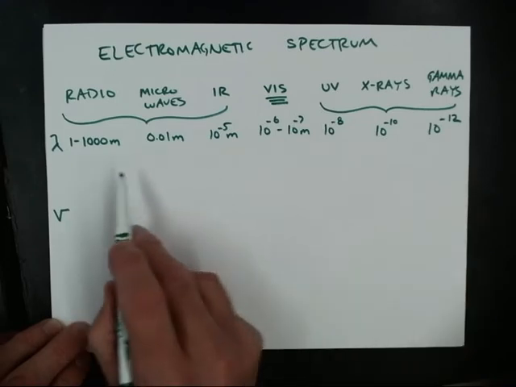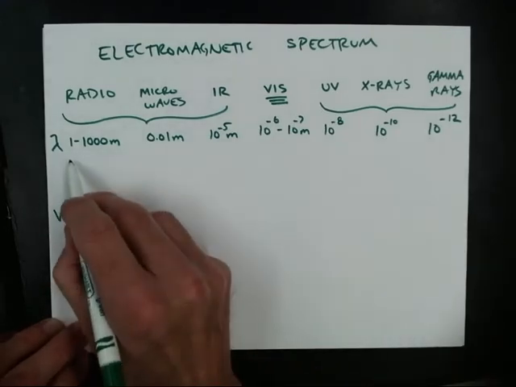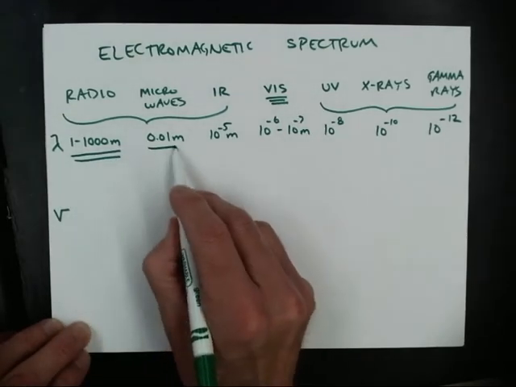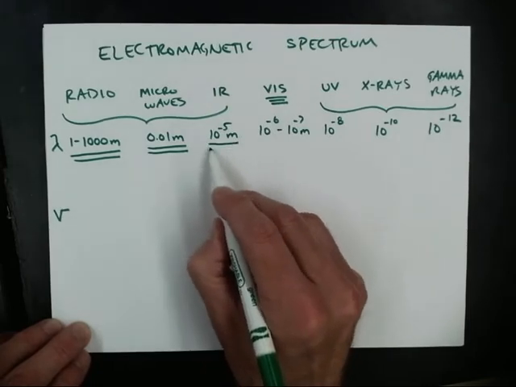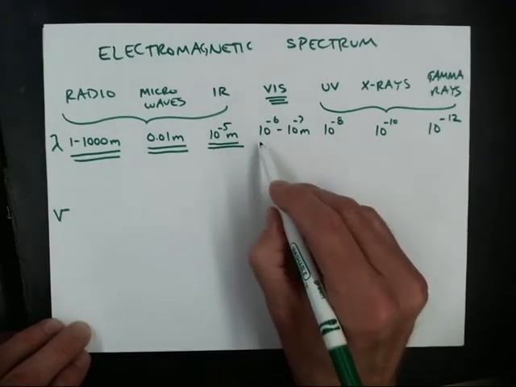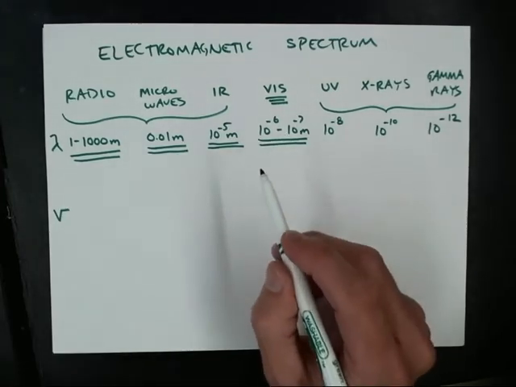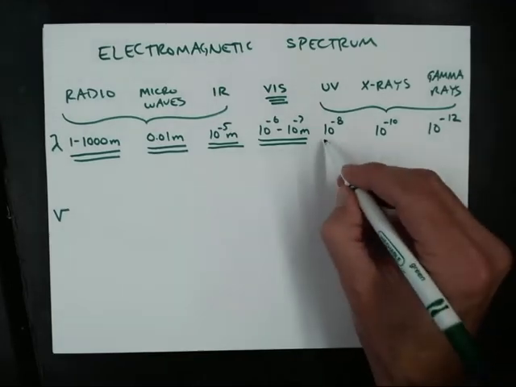And just to give you an idea of the size difference as we move from one spot to the other, this is on the order of the size of buildings or people. This is like a small ant. This would be roughly the size of a pinpoint. In the visible region, these sizes are on the order of the size of cells.